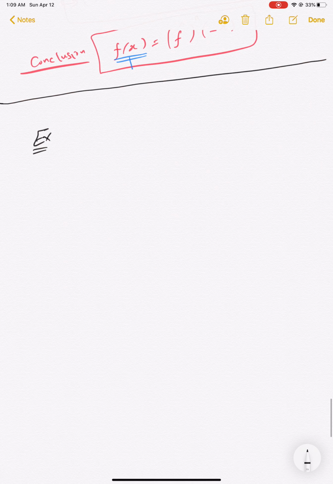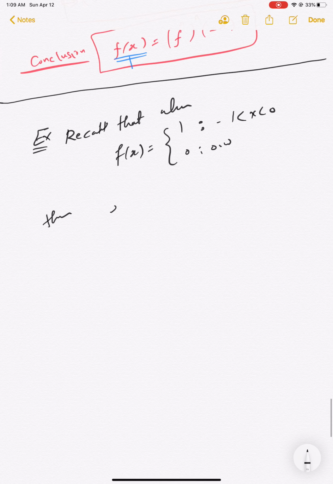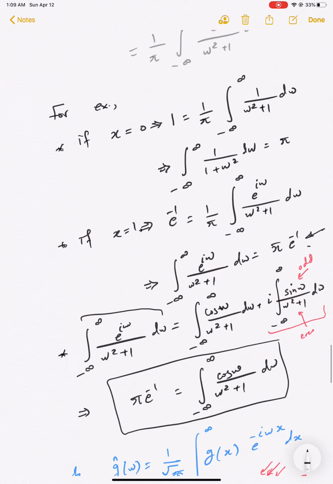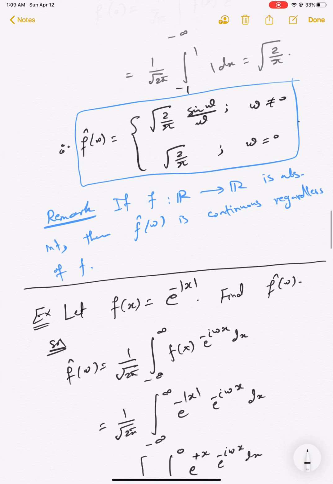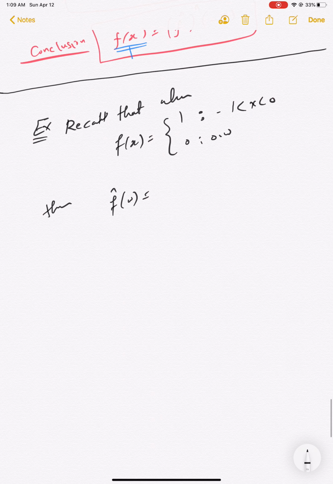So I'm going to say again, if you go back to the function, recall that when f of x is 1, this function we've just seen, then f hat of omega is what we have here, just square root of 2 over pi times sine omega over omega. Okay, and again we don't need to mention this is when omega is not 0.